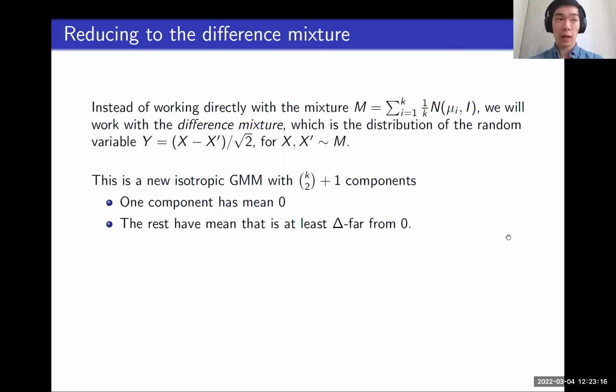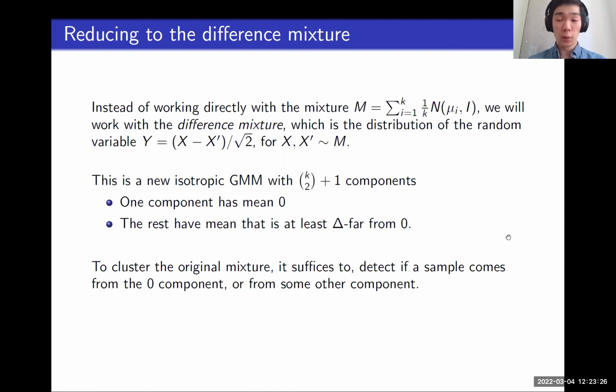If we assume that the means of the original mixture are separated, then all of the other means of this difference mixture will be bounded away from 0, right? Now the problem of clustering becomes equivalent to a problem of detection, where we are given a sample and the goal is to detect whether the sample came from a component with mean 0 or from a component with mean very far from 0.